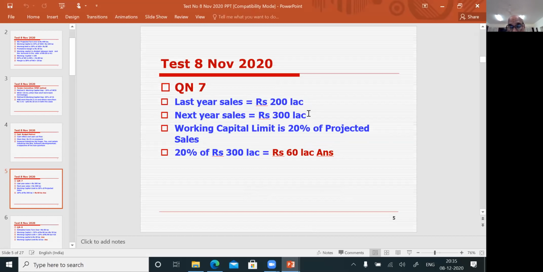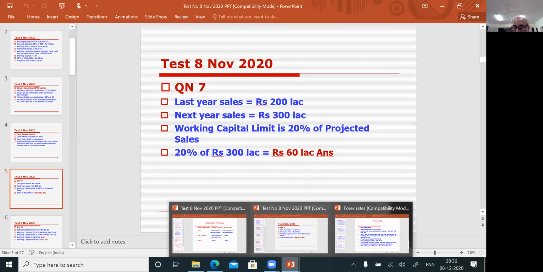Not working capital, they asked working capital limit. The working capital limit is 20% of the projected sales, which you have already seen in the PowerPoint. 20% of 300 is 60 lakhs. That is the working capital limit for the firm based on the Nayak committee method. The answer for question number 7 is 60 lakhs.